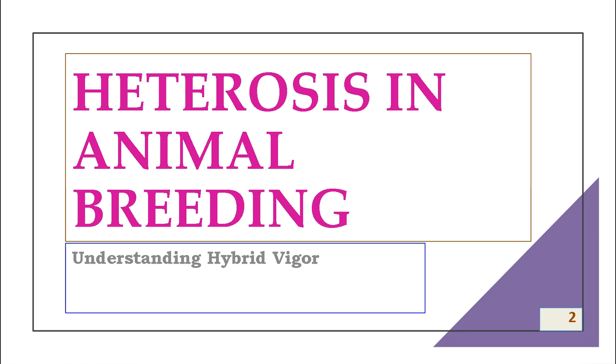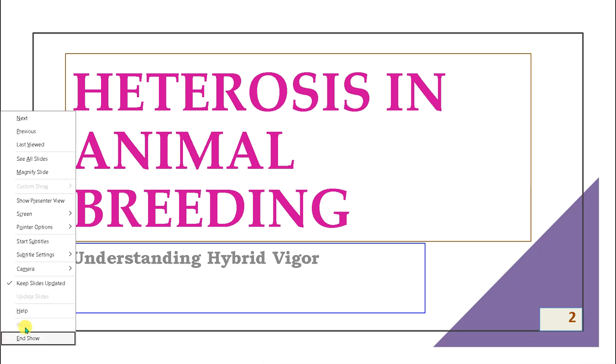Heterosis in animal breeding is especially for understanding the hybrid vigor of an animal, or what the advantages of hybridization of animals are. This will be dealt with in this particular chapter. Hence, we will see the things one by one very fast.